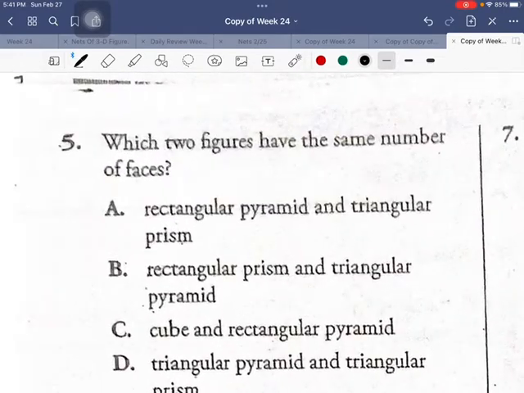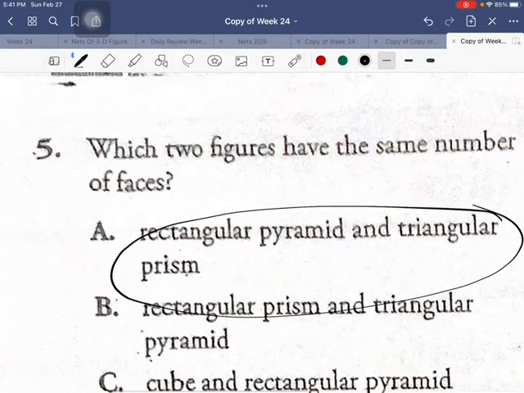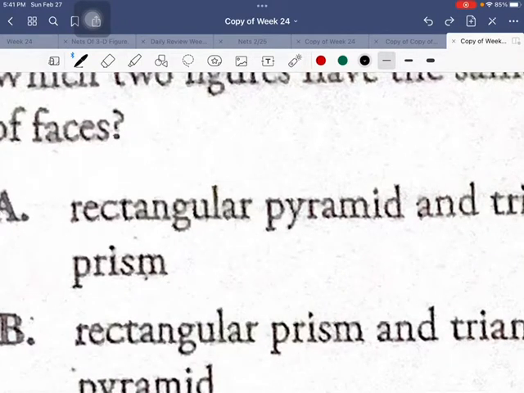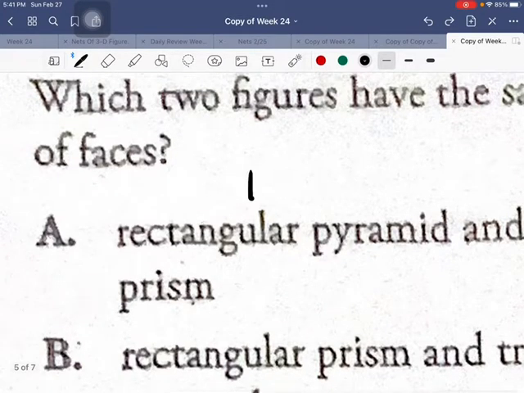Which two figures have the same number of faces? Number 5. Well, the first thing that I would do if I were you, I would draw the shapes. That way I can see how many faces it has. Rectangular pyramid. What's going to be my base for this one? Rectangle. So let me do a rectangle.